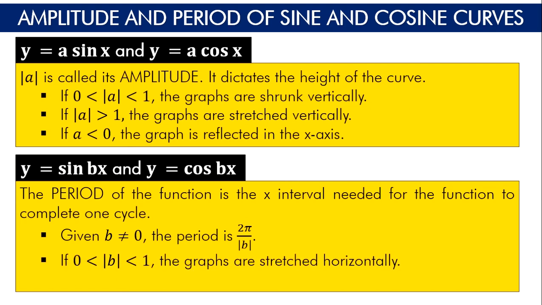If b is between 0 and 1, the graphs are stretched horizontally. But if it is greater than 1, it shrinks horizontally. So take note of this, the amplitude and the period.